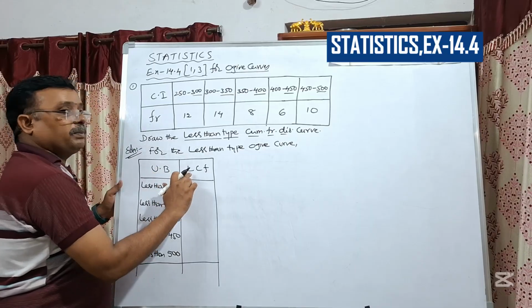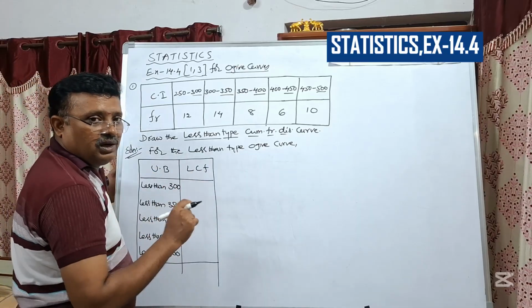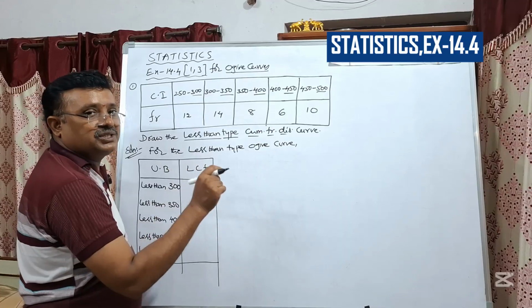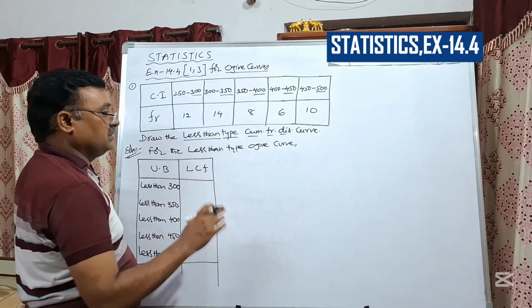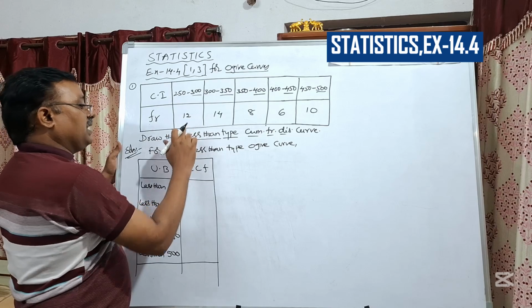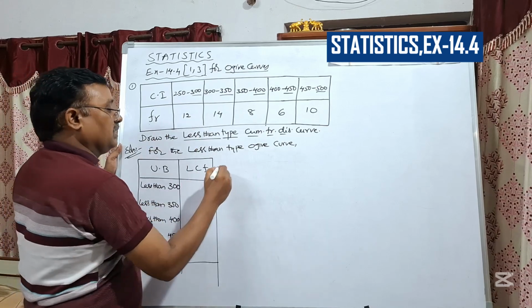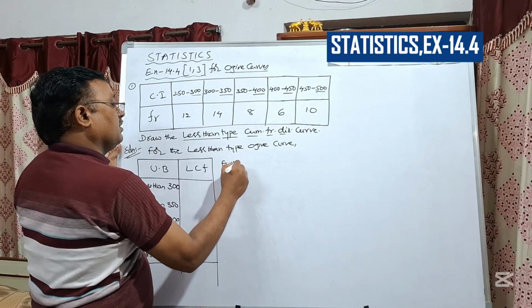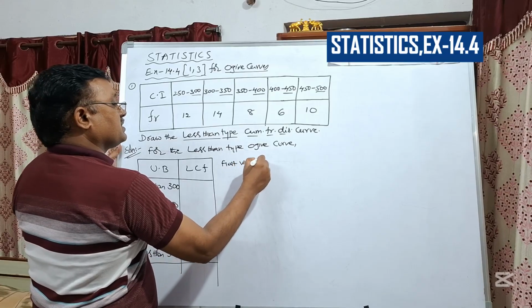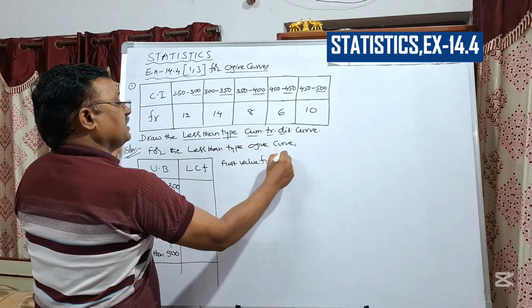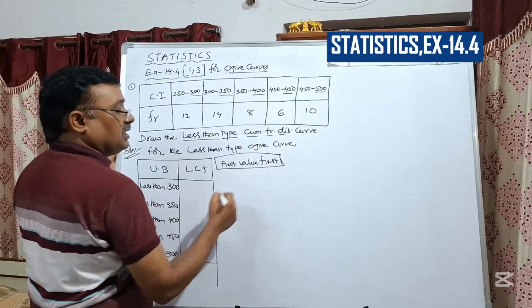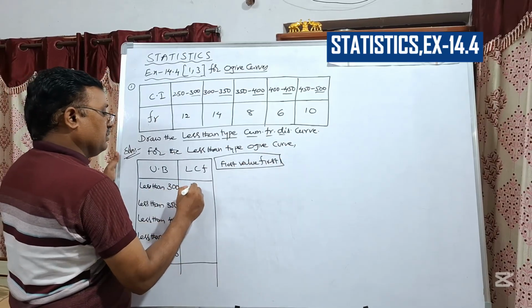So now how to prepare the LCF values? I told you already, LCF means least value to highest value, ascending order. How will it come? First value first. Remember that word: first value first. This is just a hint, a shortcut to remember. That's why it is 12.